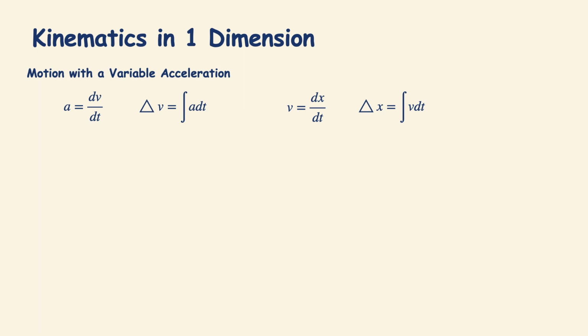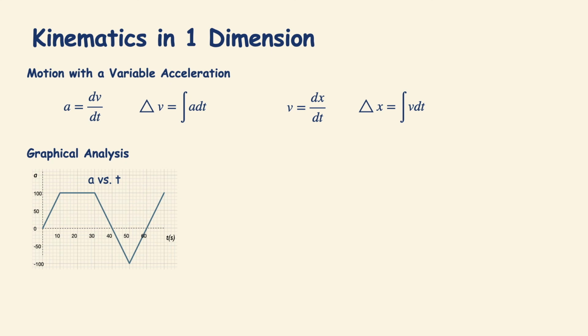There is one situation, however, where we can have variable acceleration and still we can get to the answer. This is when someone has already given us a graph and they plotted the acceleration versus time. So if someone gives you a graph and you have the acceleration versus time, if it's a variable acceleration, as long as that graph is actually comprised of straight segments, you can always determine that the change in the velocity of that object will always be equal to the area under the graph.